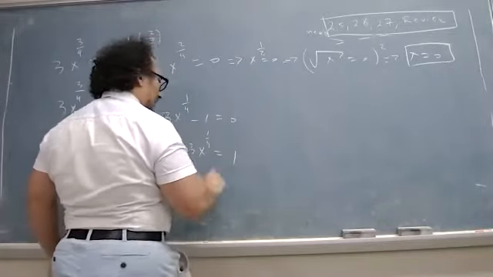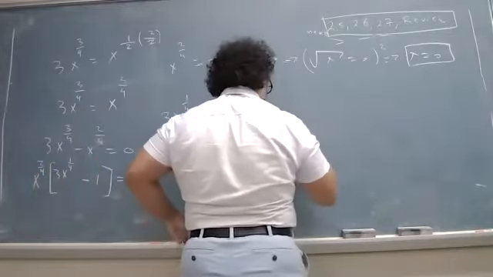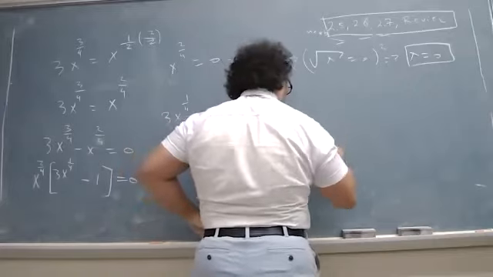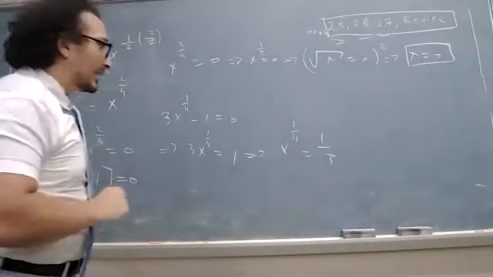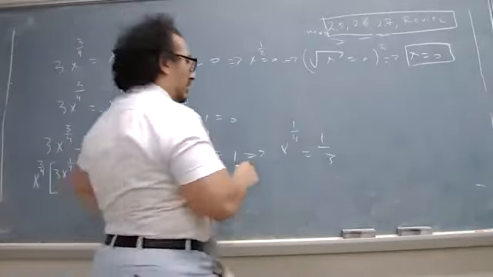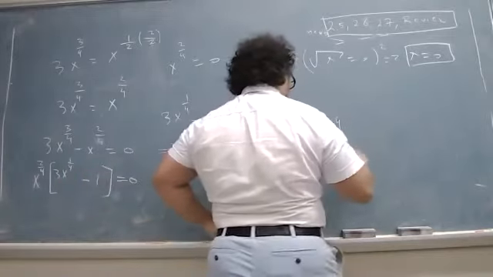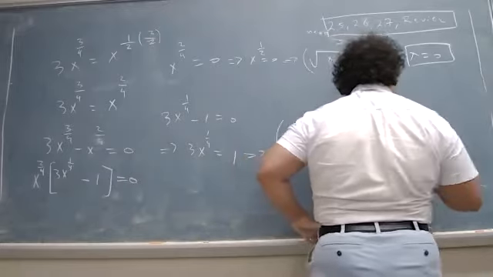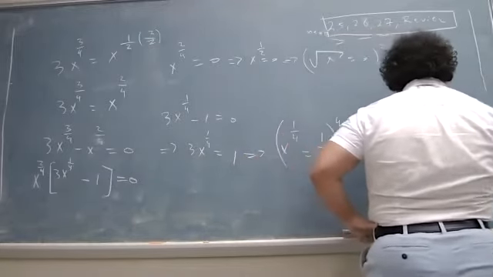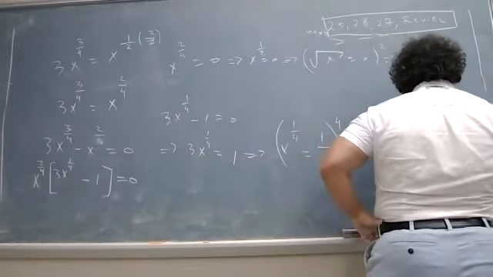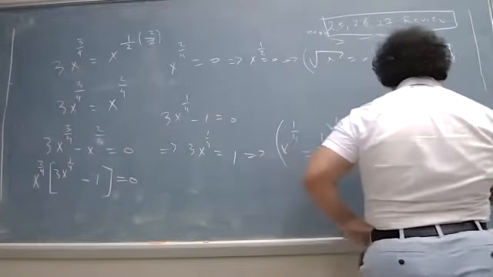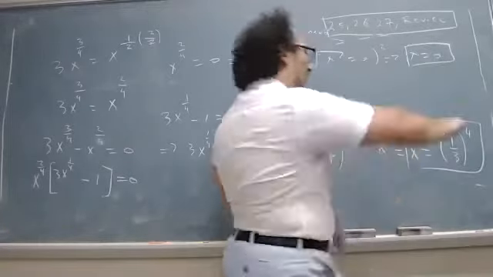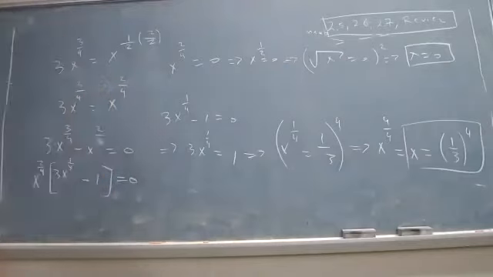Then I divide both sides by 3. And then I can raise both sides to the 4th power. So I get x to the 4 over 4, which is just x, equal to 1 over 3 to the 4th power. Okay? And we're done.